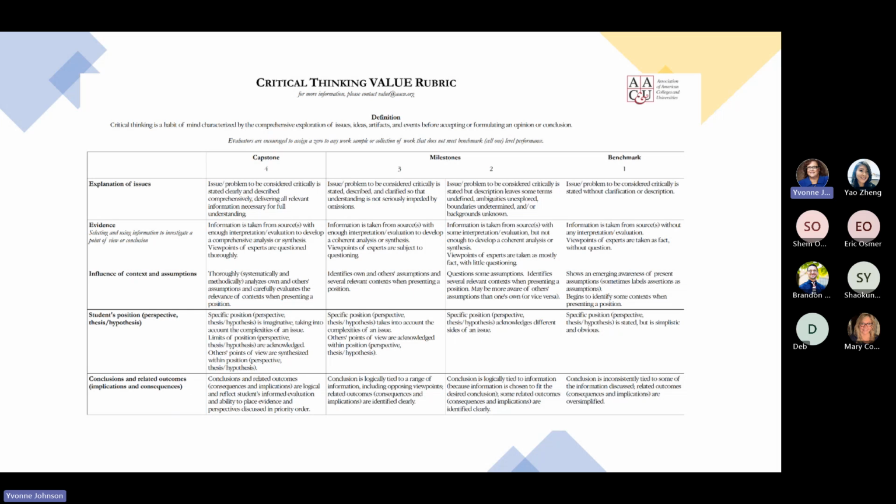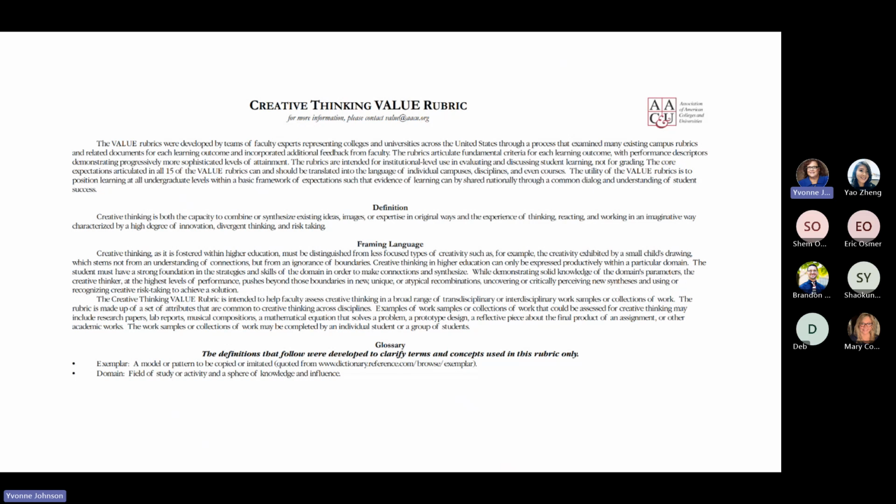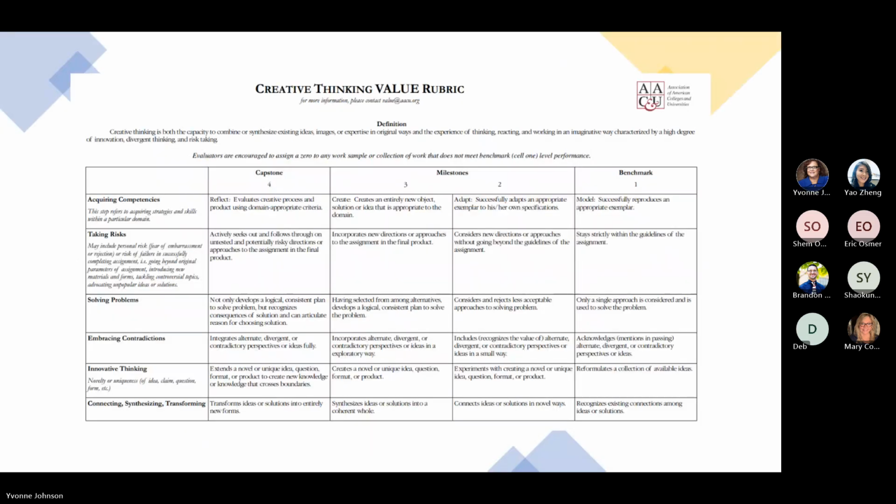You don't have to start from scratch. So I just think we are so fortunate to have all of these resources available. There's creative thinking, there's a rubric. They have a description, and then they have the rubric, and then you can adapt those. And if you look at it, taking risks, solving problems, embracing contradictions, it's incredible.